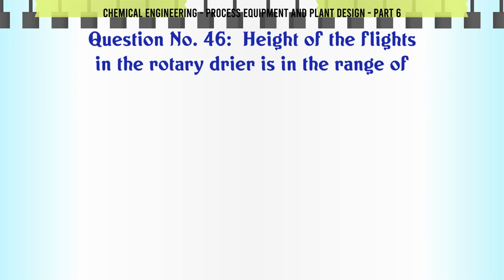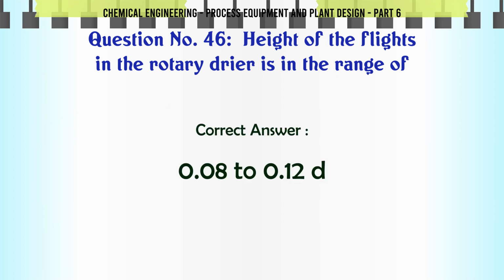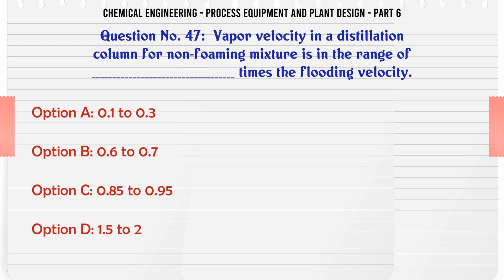Height of the flights in the rotary dryer is in the range of A. 0.08 to 0.12 D, B. 0.02 to 0.05 D, C. 0.2 to 0.5 D, D. 0.5 to 0.6 D. The correct answer is 0.08 to 0.12 D. Vapor velocity in a distillation column for non-foaming mixture is in the range of how many times the flooding velocity?